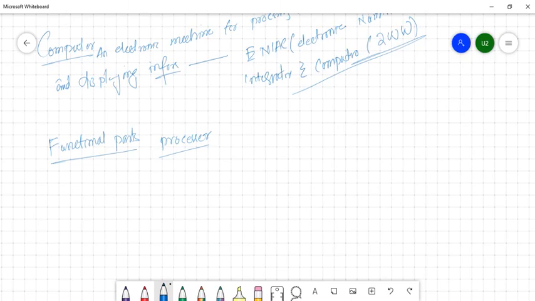Another important part is memory. It can be temporary or permanent, and it is the first storage for data traveling between the storage and the CPU, central processing unit.